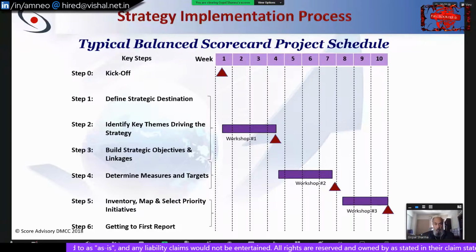And here is a quick look at the things which need to be done, and what kind of workshops need to be arranged for taking those steps for strategy development and implementation.